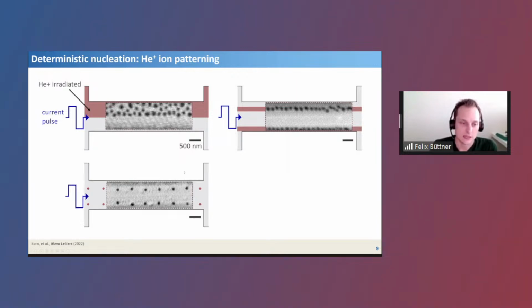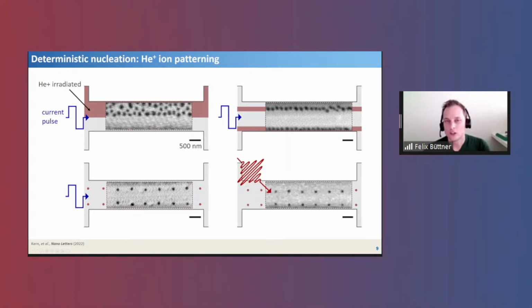You can have dot arrays where you produce skyrmions only in dedicated dot positions. Interestingly, this also works for laser nucleation in a certain range of magnetic fields. Here we expose the sample with a femtosecond laser pulse, and the skyrmions also appear exclusively in these areas which we have irradiated, under a certain range of magnetic fields.